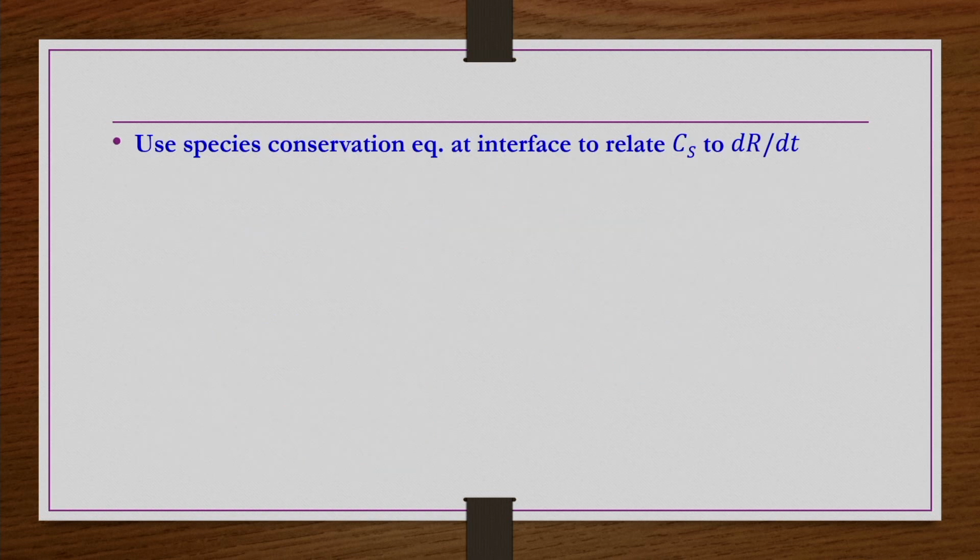Now, use the species conservation equation at the interface to relate Cs to dr by dt, because the previous equation, Cs as a function of small r comma t that we got, is in terms of r, which is a function of time, in this slide here.